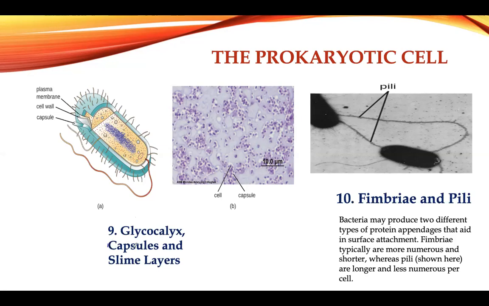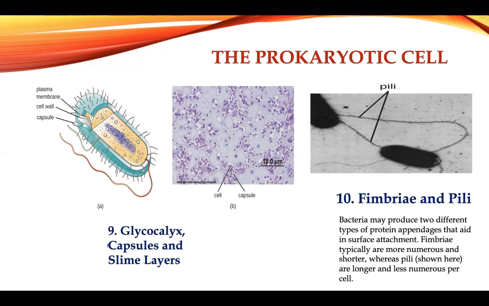When it's irregularly arranged, or you can say loosely arranged, then it's called slime layer. When the arrangement is solid and regular, then it's called capsule. Both capsules and slime layer help prokaryotes to attach on any surface.